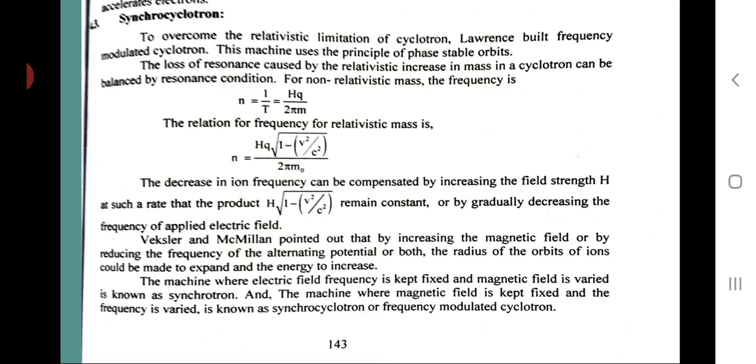The machine where electric field frequency is kept fixed and magnetic field is varied is known as synchrotron, and the machine where magnetic field is kept fixed and the frequency is varied is known as synchrocyclotron or frequency modulated cyclotron.